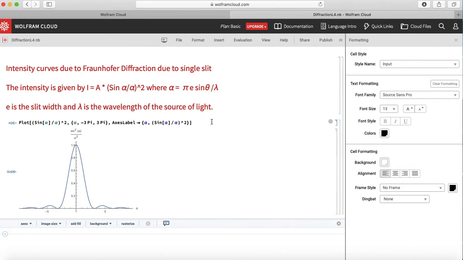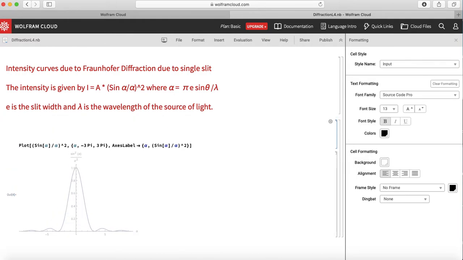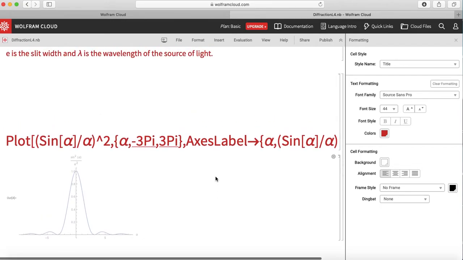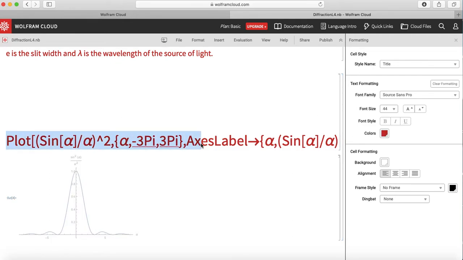So here you can see this. Here I would like to label something, so I will just use Format, Input, Label. Okay, sorry, this I don't want to make a label.